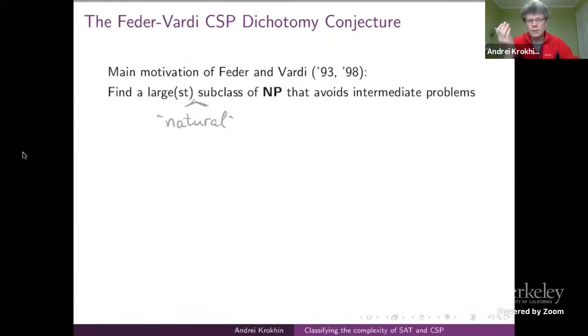So we know from Ladner's theorem that if P is not equal to NP, then NP contains intermediate problems, neither polynomial time solvable nor NP-complete. So what this question asks is this: what is the natural class that avoids all these NP intermediate problems?